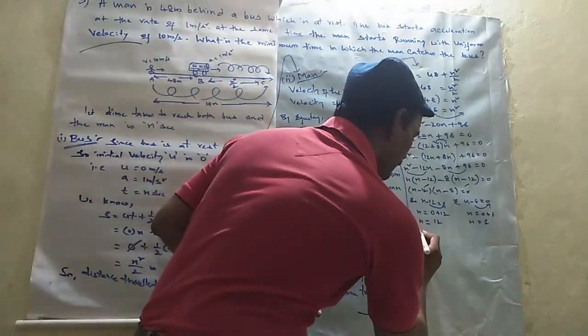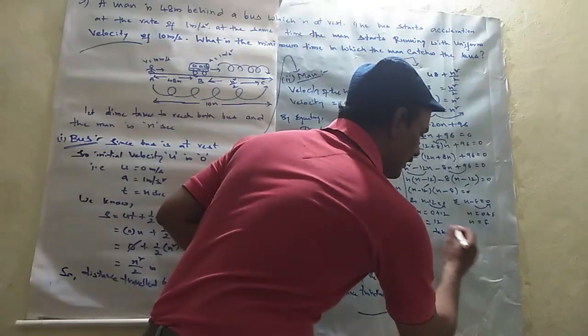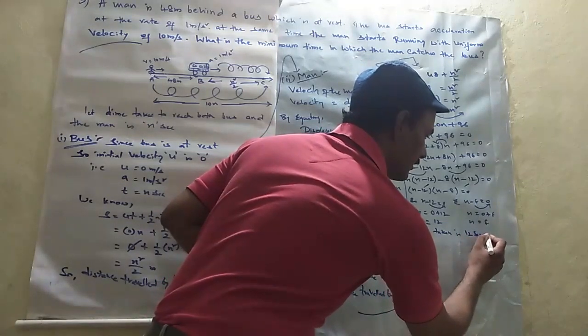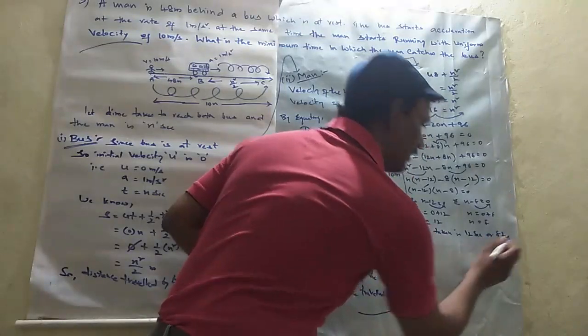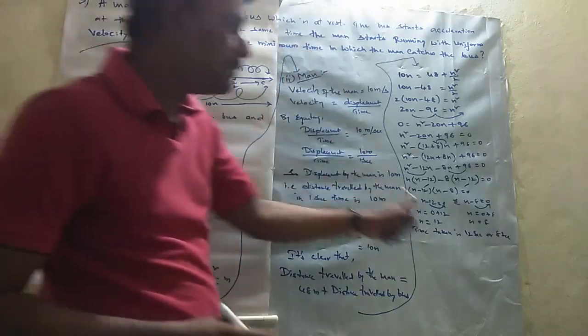So time taken is 12 seconds or 8 seconds. But he said minimum time taken. Minimum time taken means a minimum value.